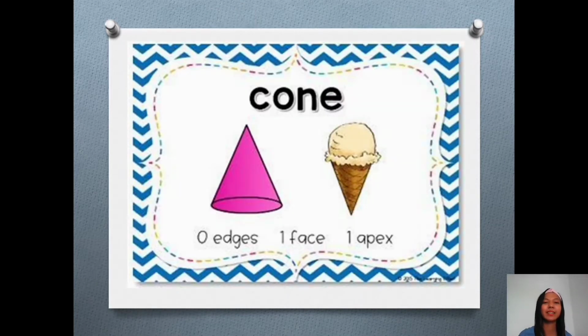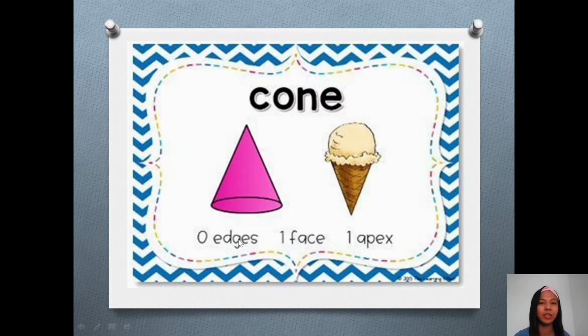Next, we will talk about the cone. So this is a cone. That's why I shared the word apex, because we can use it instead of vertex. In real life, it's like an ice cream cone.